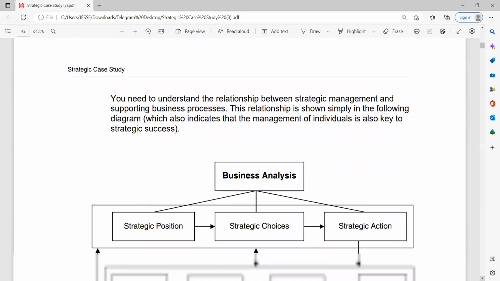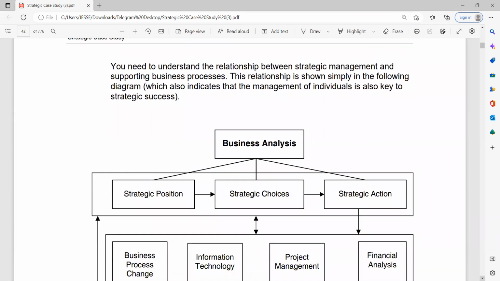So let's move on to other things. We cannot talk about strategic management without talking about supporting business processes. That's what we were talking about earlier. Anytime you think about strategic management, you have to know that there are supporting operational processes that drive the achievement of what we've set out in our strategy.